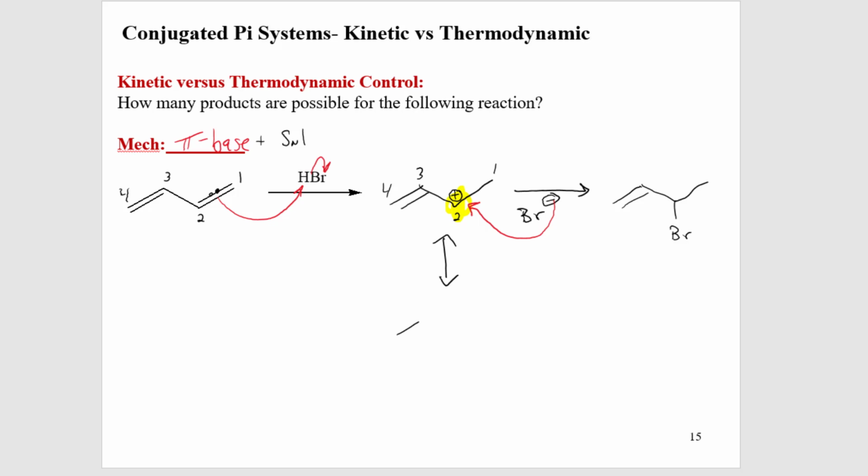Because indeed, there is resonance. I could form the cis or the trans double bond with the primary carbocation, all in resonance with one another. Each one of these gets me to a different product.